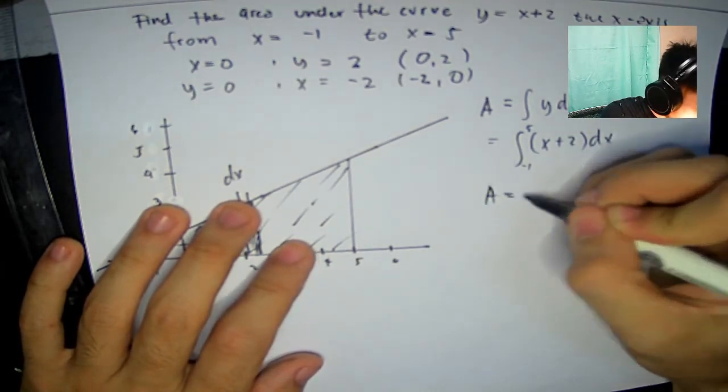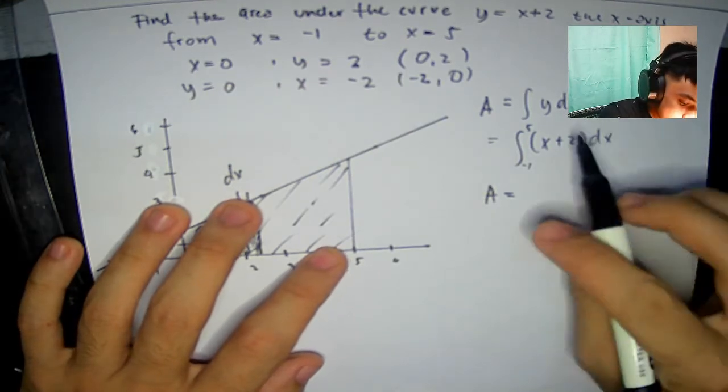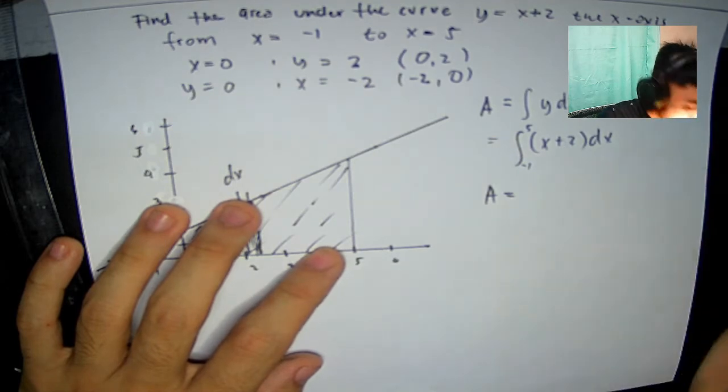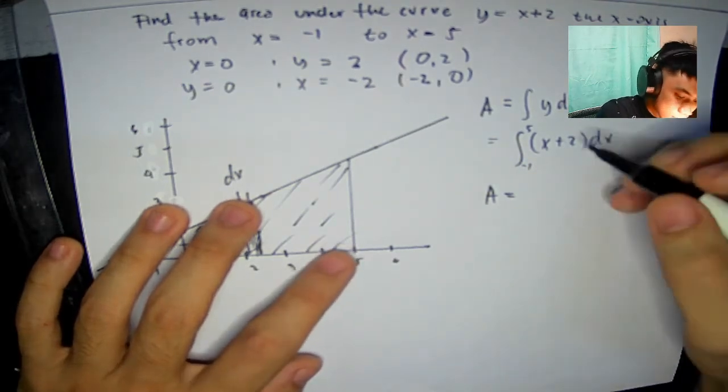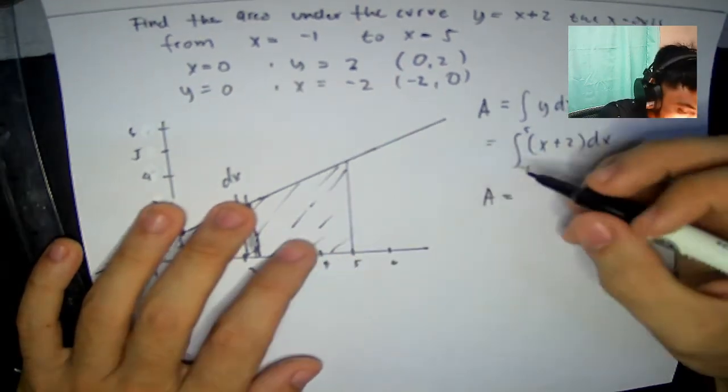A is equal to, so we're going to integrate it. So x plus 2, an algebraic function, so let's apply our rules.